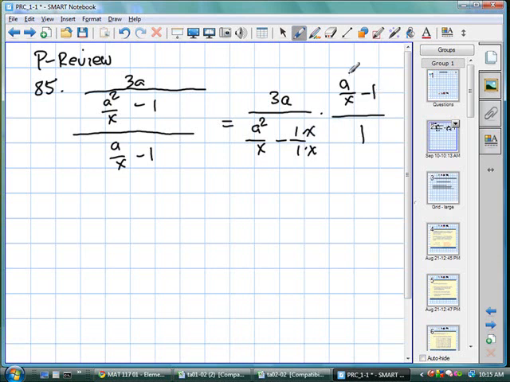Don't I need to do the same thing up here? I need an x down here too. So does everybody see that that would be the next thing? All right, what does that give me? 3a. Now I can bring this together because I have a common denominator x.